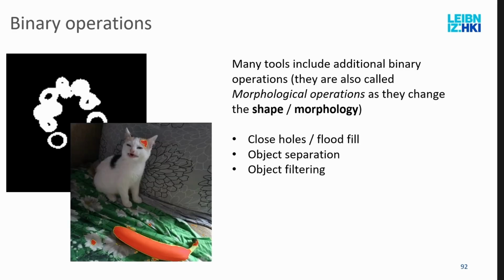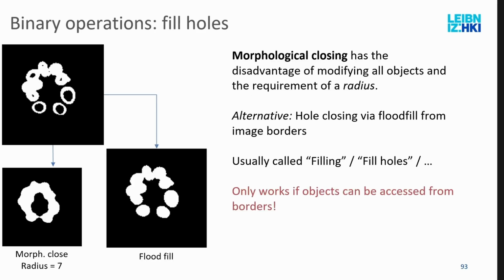So then we have also a few more binary operations that are extremely useful, that are not morphological operations technically, but sometimes they are called morphological operations because they change the shape. Differences between tools. For example, you have a hole filling algorithm, so you want to get rid of this hole here.